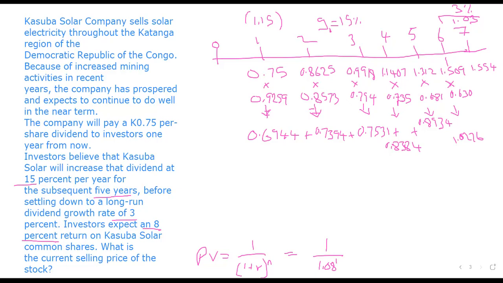4.9463. Okay, so 4.9. 4.9 what? 46. So this is the total for the phase 1.